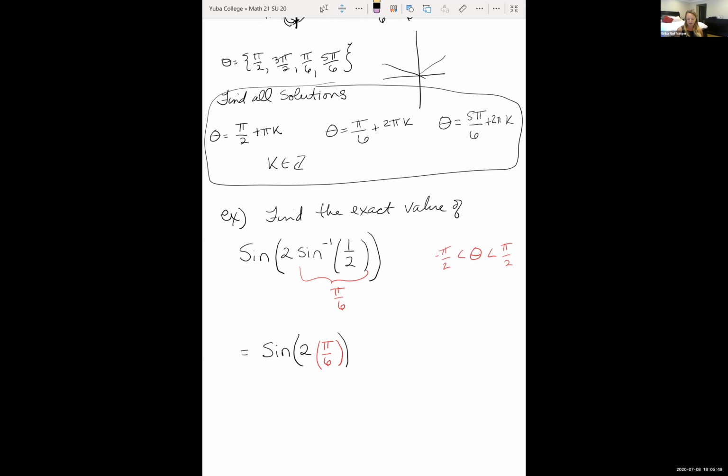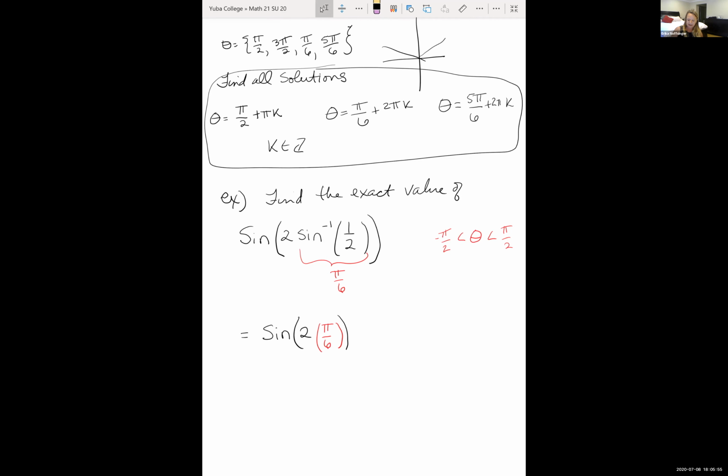If I didn't know it, I could rewrite it with that double angle because I know pi 6. But this works. This is 2 times pi 6. Well, 2 goes to there. This is pi thirds.